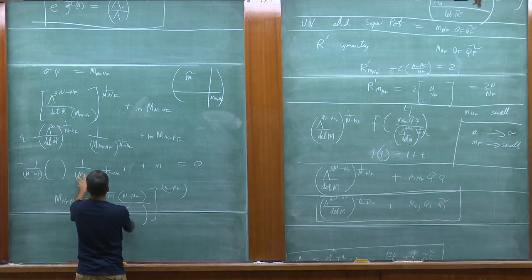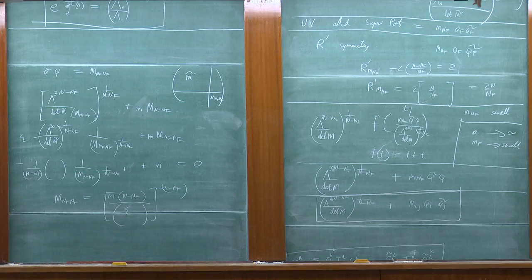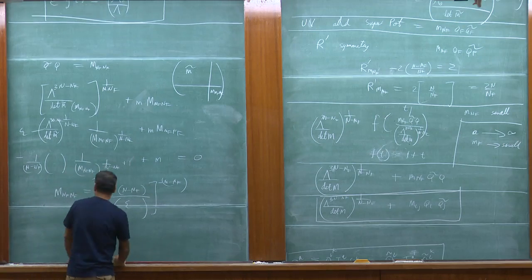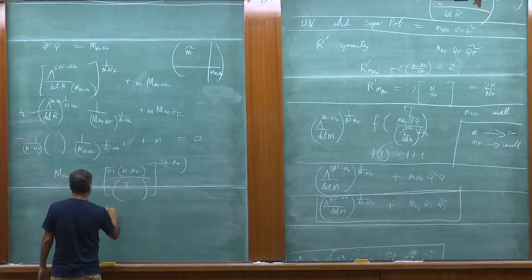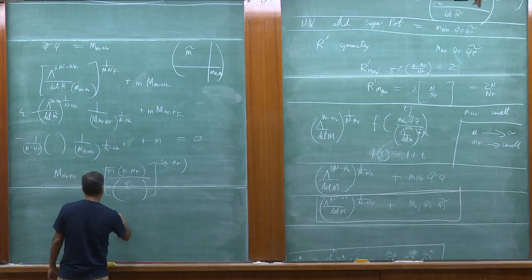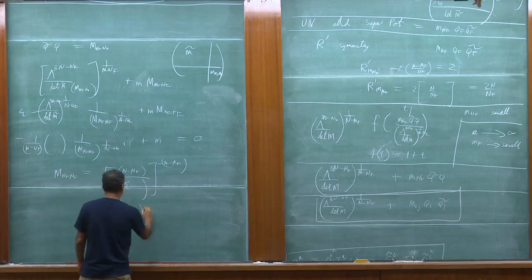And then if I raise it to the power minus this, I get this. It looks okay to me. Which is equal to zeta divided by m into n minus nf to the power n minus nf.